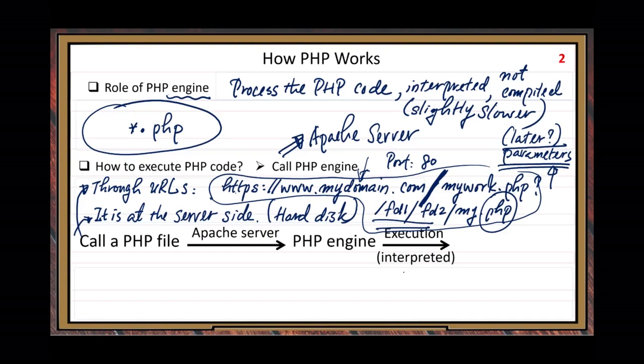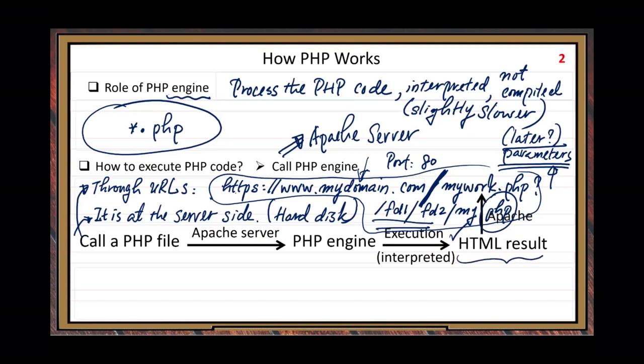After execution, because it is interpreted first, the PHP engine first interprets your PHP file, translates it to machine code, then executes the machine code and gets the output. The output of your PHP file is usually an HTML result, HTML content.